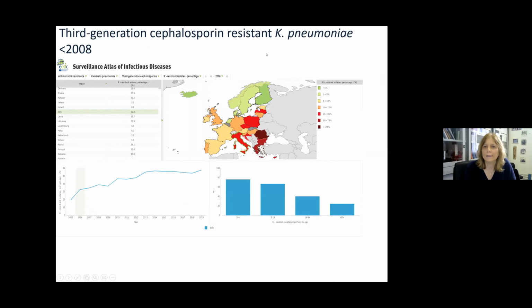We already had isolates. This is a map of the European ECDC, which surveys every year the situation of resistant bugs, especially in invasive infections. This is a map of 2006 for Klebsiella pneumoniae with resistance to third generation cephalosporins.